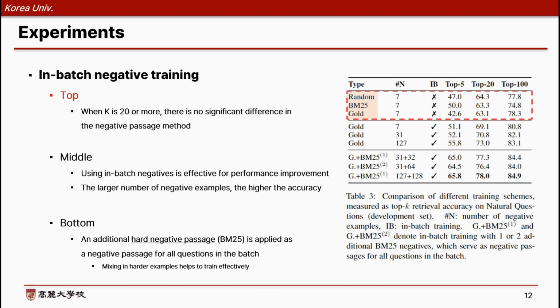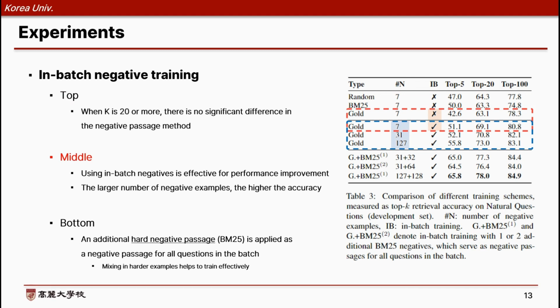The following is a table showing the effect of in-batch negative training. To explain step by step, first of all, it can be seen in the top left that if K is 20 or more, there is no significant effect from the negative passage selection method.